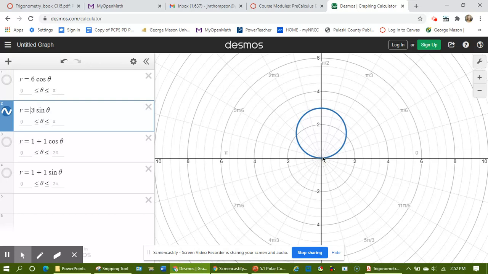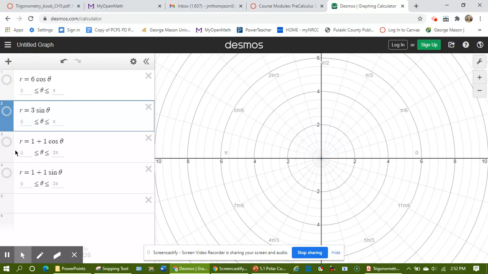And you could also reflect the sine circle by putting a negative in front. So the cosine circle is oriented on what we think of as the x-axis, and the sine circle is oriented on what we think of as the y-axis.